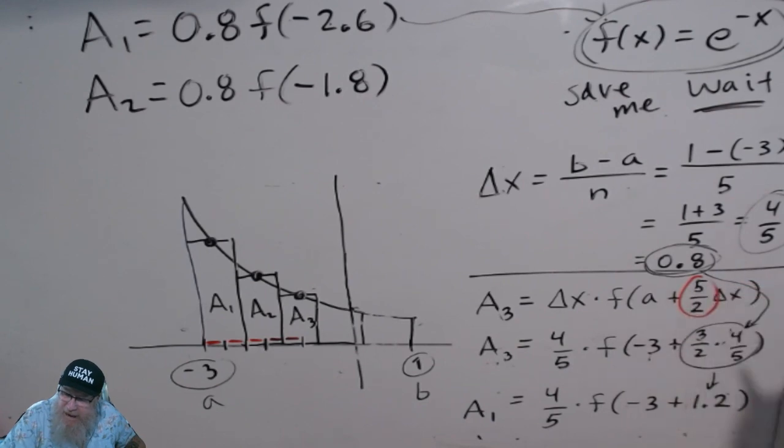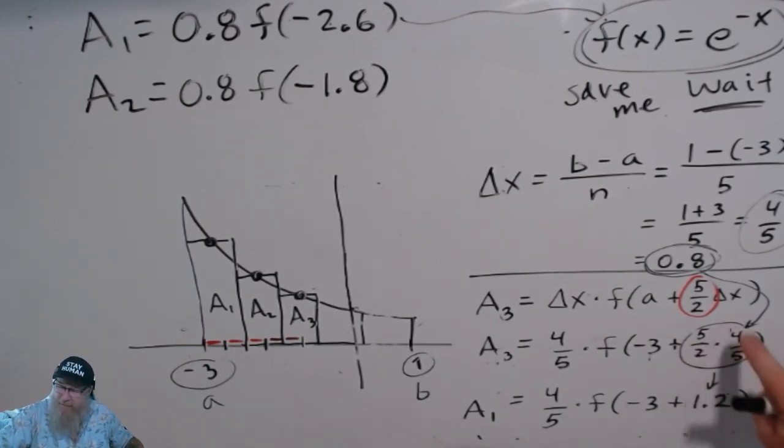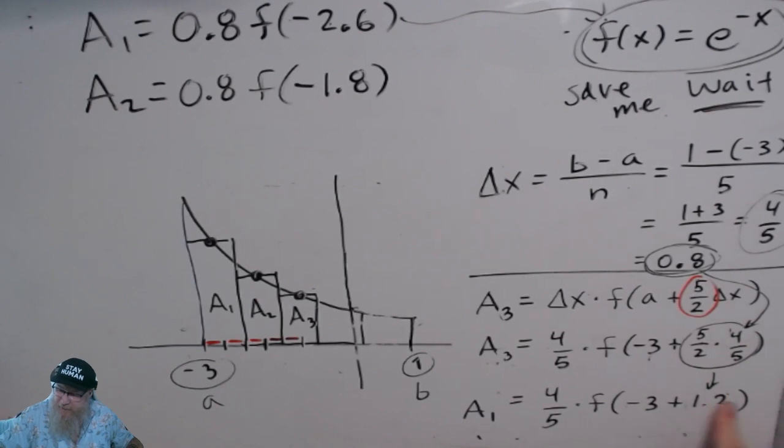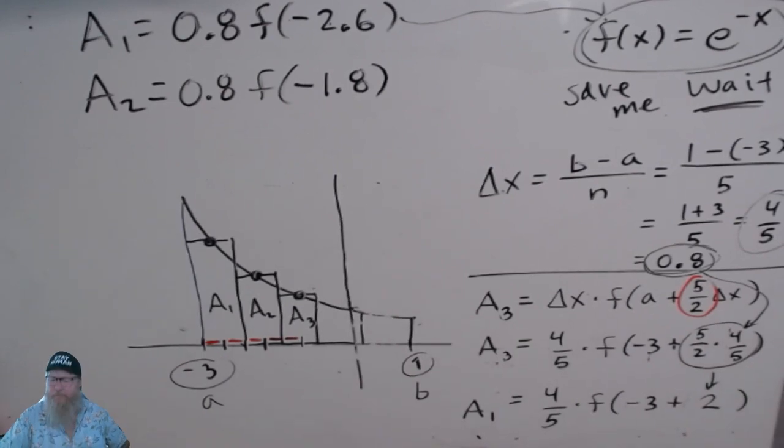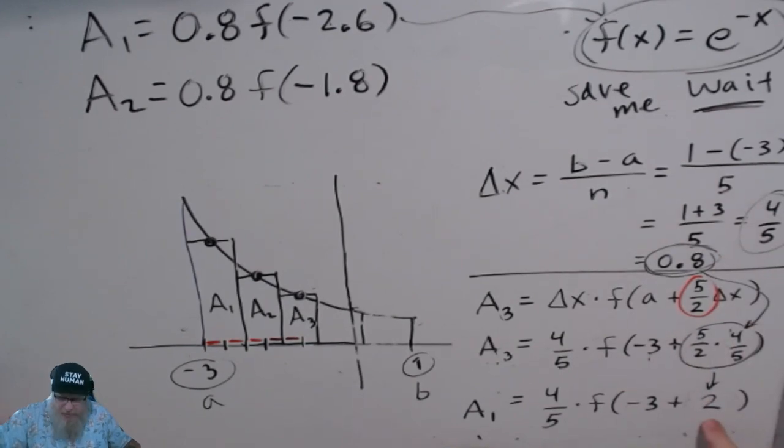That would be 5/2. 5/2 is 2.5. 4/5 is 0.8. 0.8 times 2.5 just comes out to be 2.